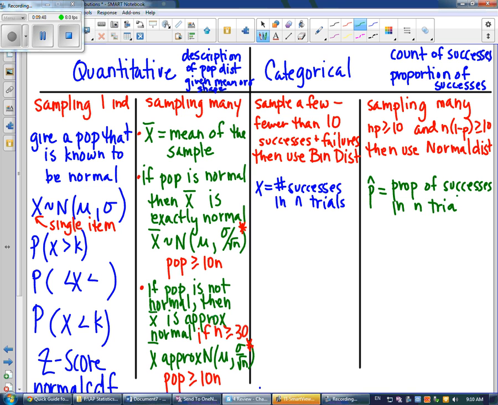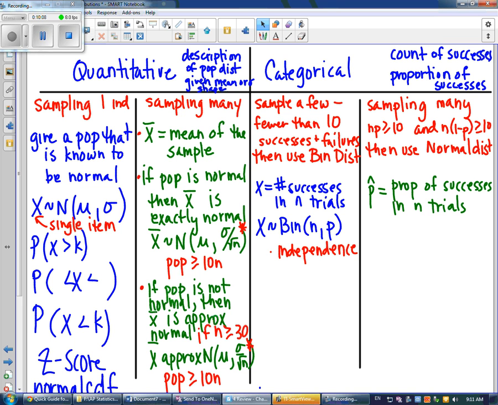The notation you use is very important. If I'm dealing with a binomial random variable, I need to define n and p, and the assumption I need to list is independence. If I'm talking about p hat, then I can say p hat is approximately normal.